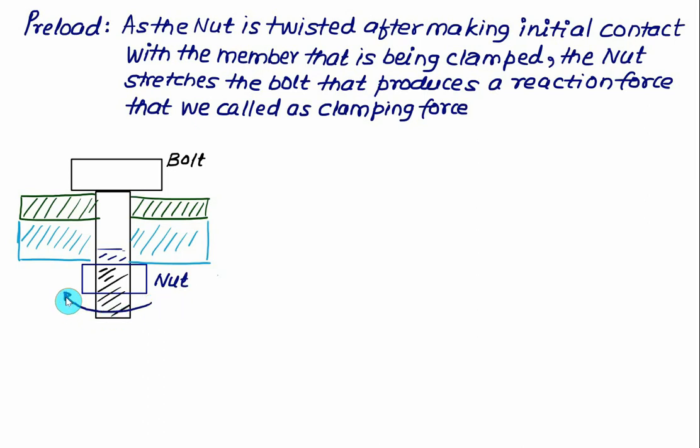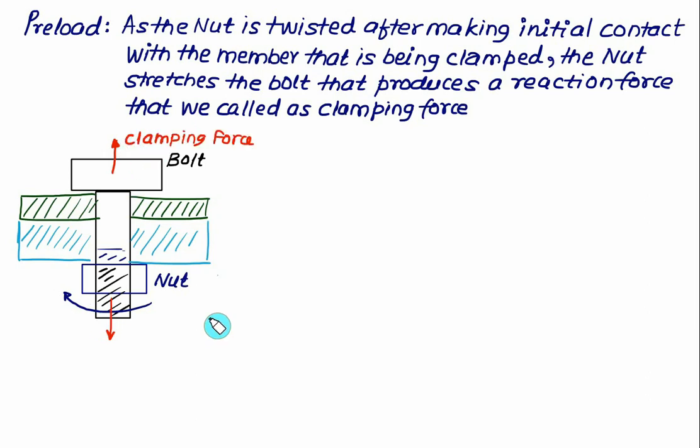Because of this, the nut will advance toward the screw body, and it will develop a clamping force. So this one is the direction of the clamping force. In this fashion, using the torque, we can generate the clamping force.